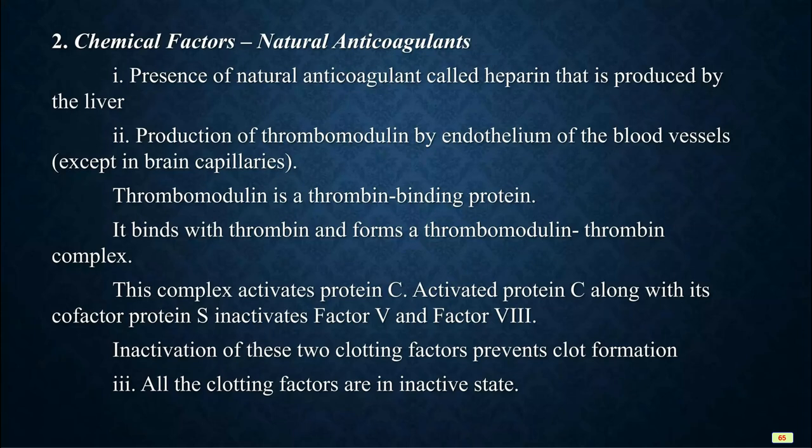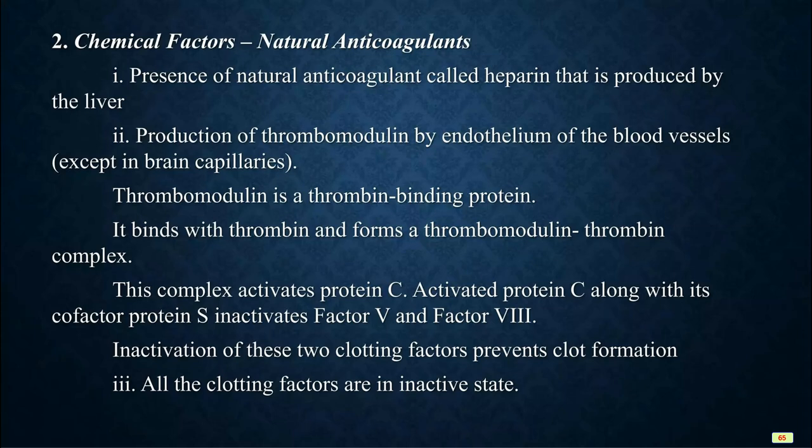So there is production of thrombomodulin by the endothelium of the blood vessels, except in brain capillaries. Thrombomodulin is a thrombin-binding protein. It binds to thrombin and forms a thrombomodulin plus thrombin complex.